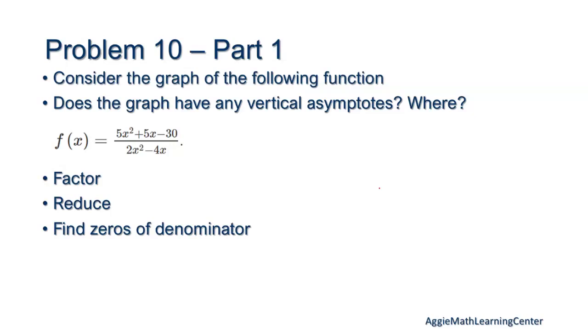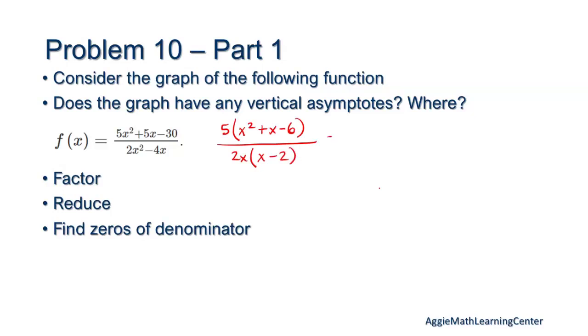So we're still going to factor. One thing that we can do here is factor out 5. So that leaves us with 5, and then in the parentheses x squared plus x minus 6. And then below we can factor out a 2x, which is going to leave us with x minus 2.